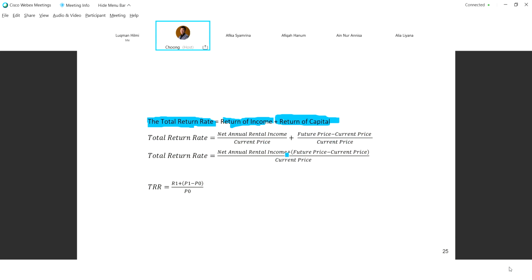Current price sama kan? Bawah tu dua-dua pun guna current price juga. So it becomes net annual rental income plus your future price minus current price divided by current price. So the short form here, sometimes you will see this formula, right? Total rate of return sama dengan your R1 plus P1. P1 is the future price minus your current price divided by current price, right?